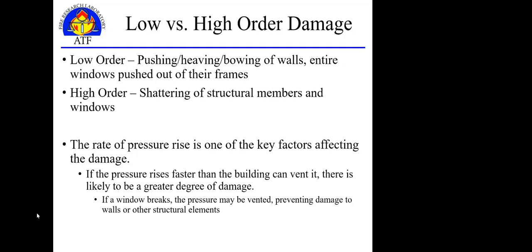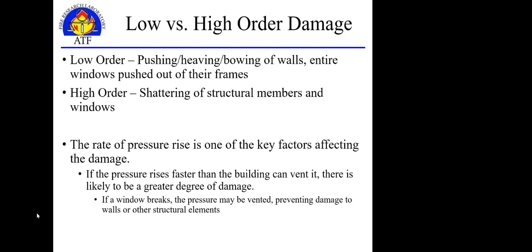High order damage is basically you're turning a structure into toothpicks. One of the key factors that determines the difference is how quickly the pressure rises within that structure. Ultimately, if the pressure rises faster than the building or the enclosure can vent it, you're going to result in a lot more high order damage.